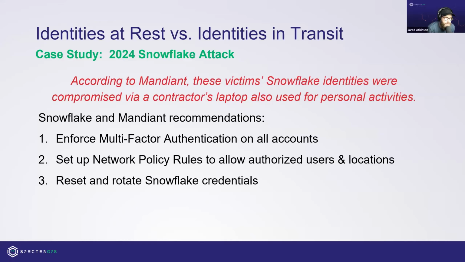That single contractor was compromised, and the end result was that the attackers got access to his browser cookies and his passwords for these different Snowflake tenants, and then they ended up selling those on the dark web for other nefarious actors to access those Snowflake tenants. And there were several large companies that were affected by this.